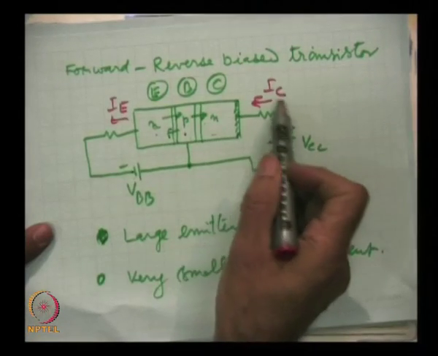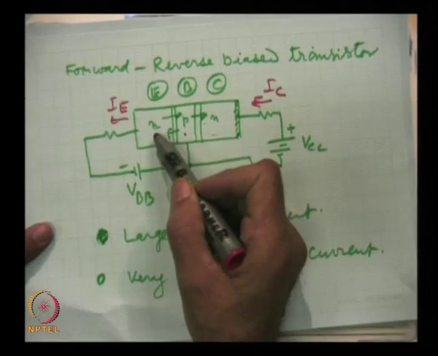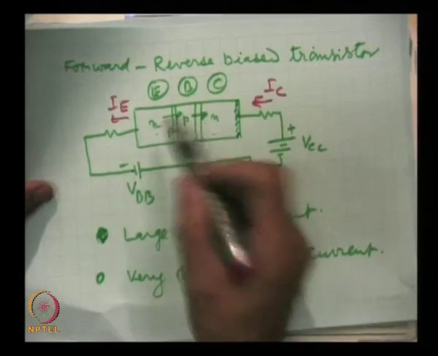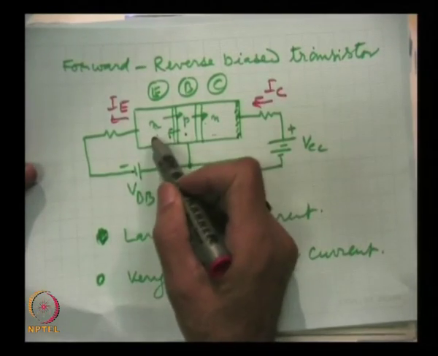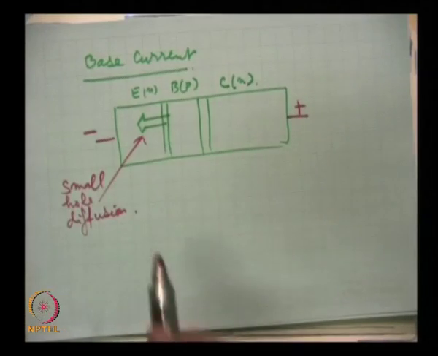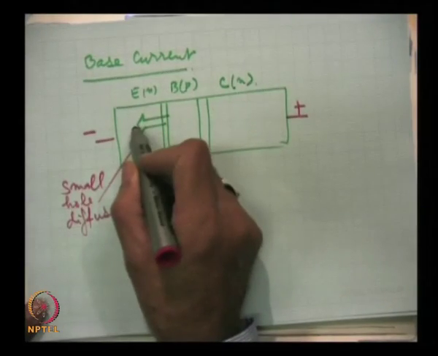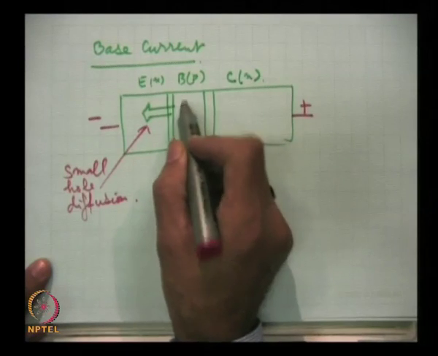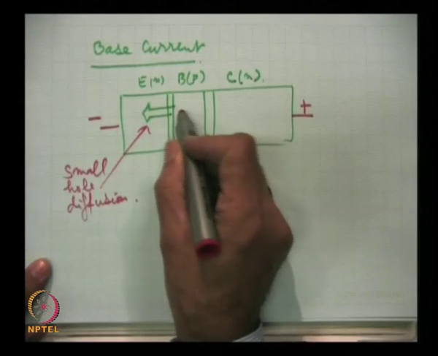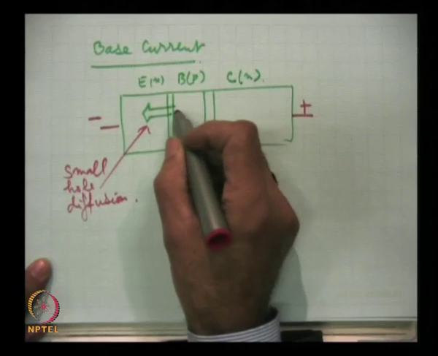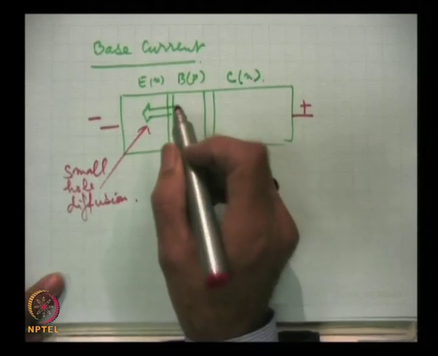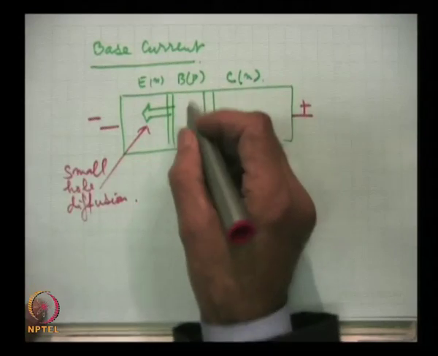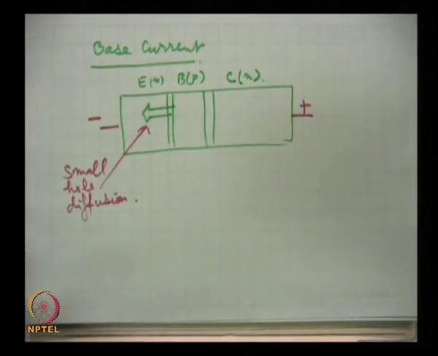I said collector current is almost equal to the emitter current. Why almost? When these electrons are moving through the base region, a very small percentage of holes recombine, and so there is a component of hole recombination.